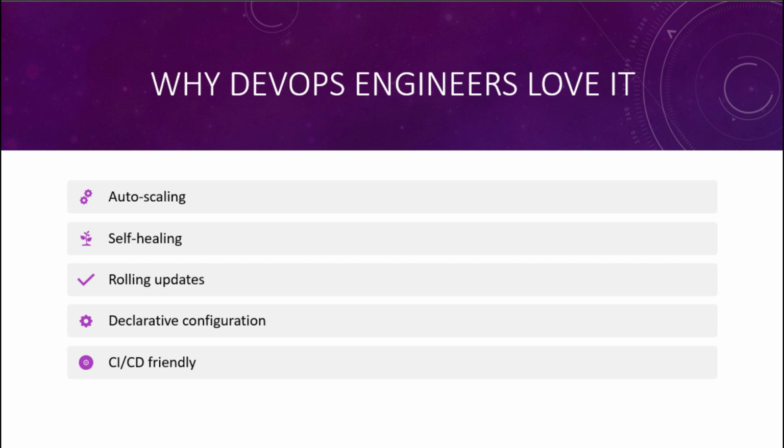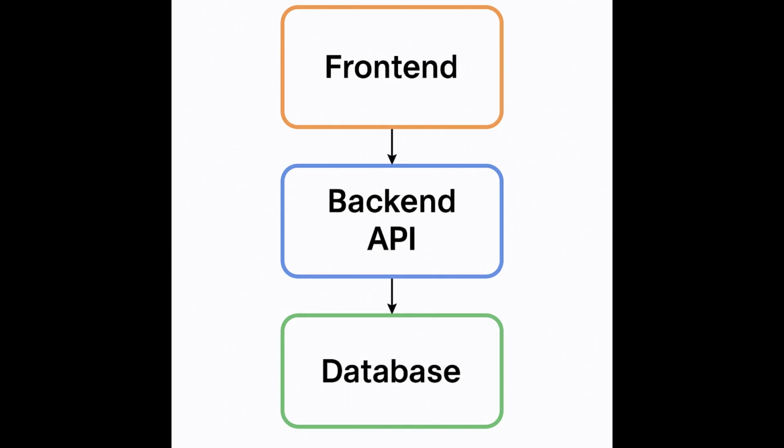As a DevOps engineer, your job is to automate and scale efficiently. Kubernetes is your best ally. Real-life use case example. Let's walk through a real-world example. Scenario: you run a shopping app with a front-end container, a back-end API container, and a database container.